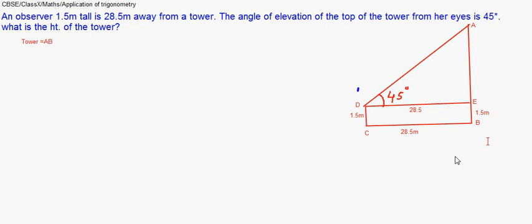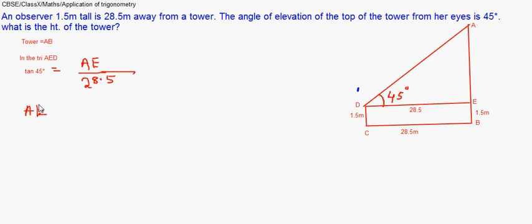So we will see in the triangle AED, what is the relation? How do we find AE? AE again can be found out by tan 45. So I'll write tan 45 should be equal to AE by 28.5, that is perpendicular by base.